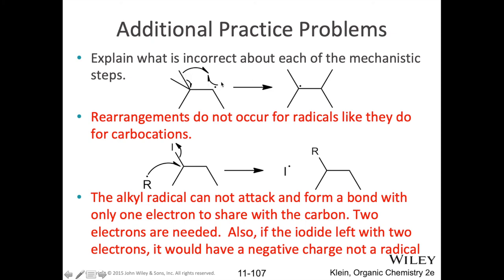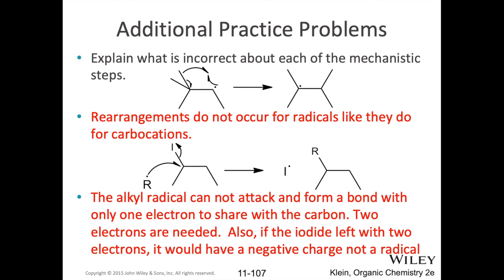We've essentially done a rearrangement, but I pointed out back in one of the key differences between carbocations and radicals: while carbocations can do rearrangements, radicals do not. Okay, so this just doesn't happen, right? The ability of this methyl group to react with the radical and shift over like that is just not feasible. Okay, all right.